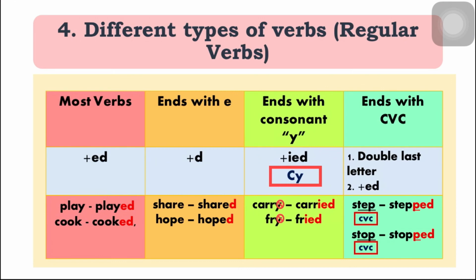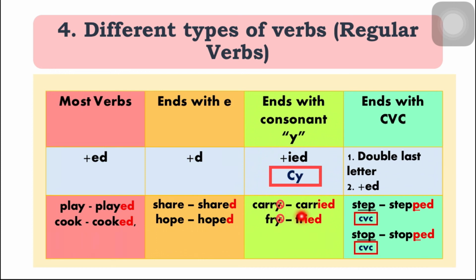Okay, just to have a little add-on, I mentioned just now when we were talking about words that end with Y, for example, play, played. But here I mentioned that for words that end with consonant Y, we need to delete the Y and add IED.